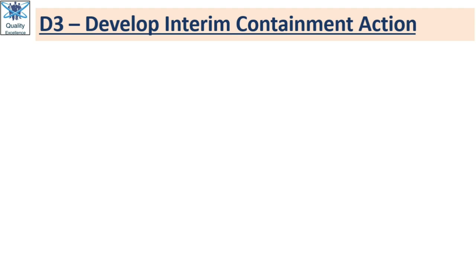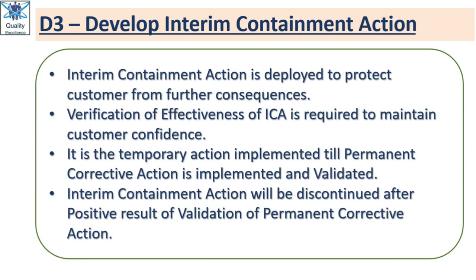Then D3 is develop interim containment action, and in this stage interim containment action is deployed to protect the customer from further consequences. This is a temporary stage till we finalize our permanent corrective action. Verification of effectiveness of ICA is required to maintain customer confidence.